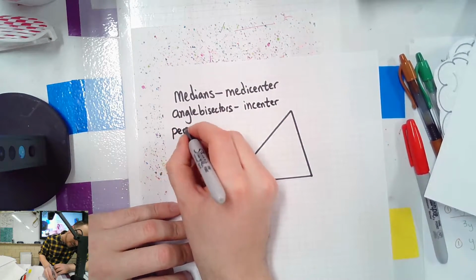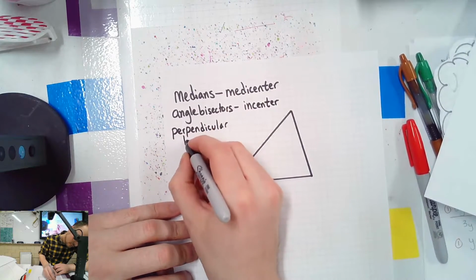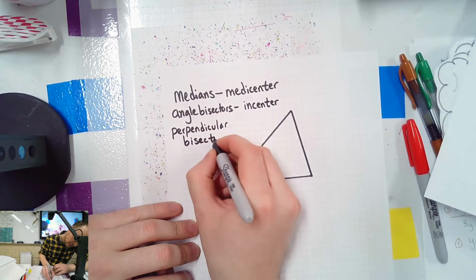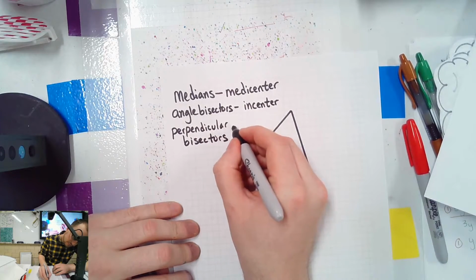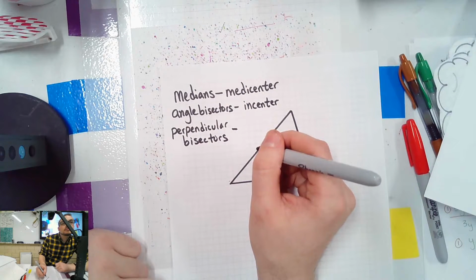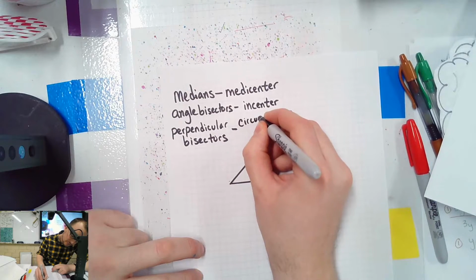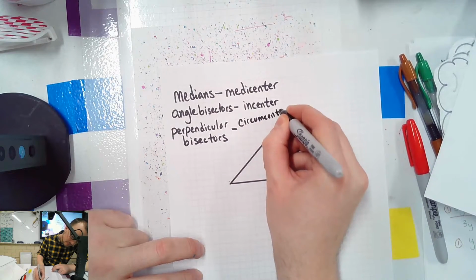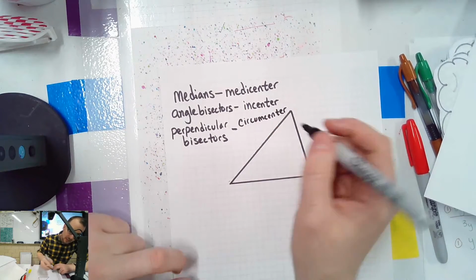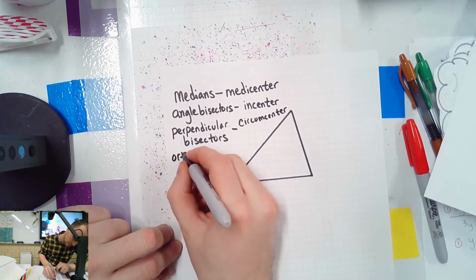Perpendicular bisectors, what center do they find? Circumcenter. Most complicated. And then lastly, the altitudes go with what center?